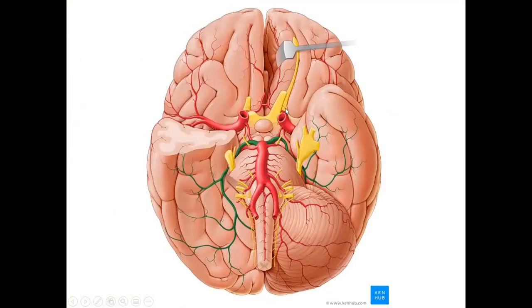If you superimpose the brain, cranial nerves and vessels, you can see the internal carotid artery, basilar artery, and two vertebral arteries. This is the optic chiasm. You can see here the anterior communicating artery, anterior cerebral artery, posterior communicating artery, and the superior cerebellar and posterior cerebral arteries.